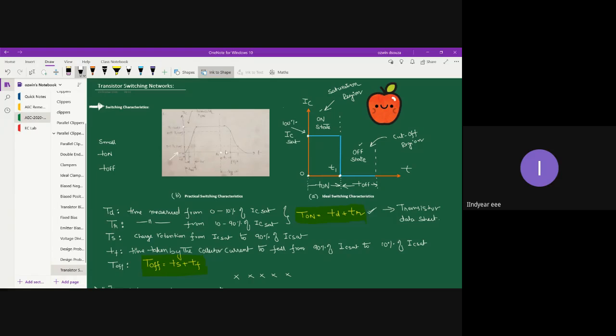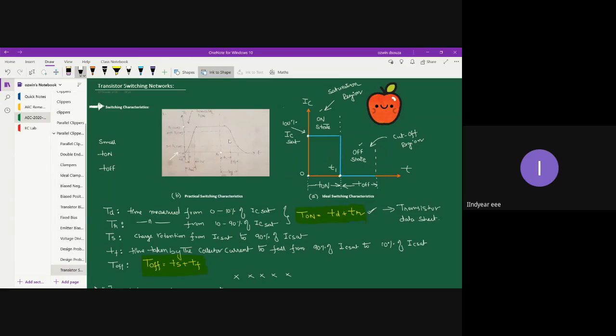Now if you look at the bipolar junction transistor structure, you know that it is composed of majority charge carriers as well as minority charge carriers. When you initiate the turn-off phenomenon in the transistor switch, the minority charge carriers present in the opposite layer need some small amount of time to return to the original state.